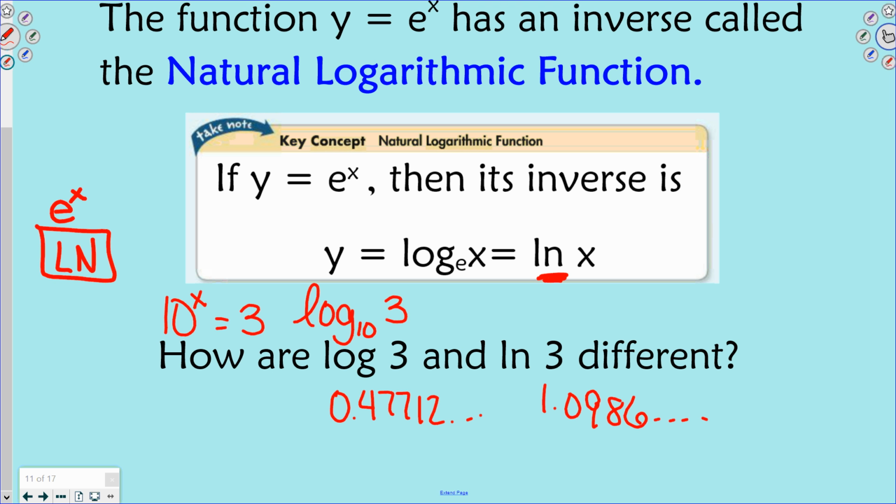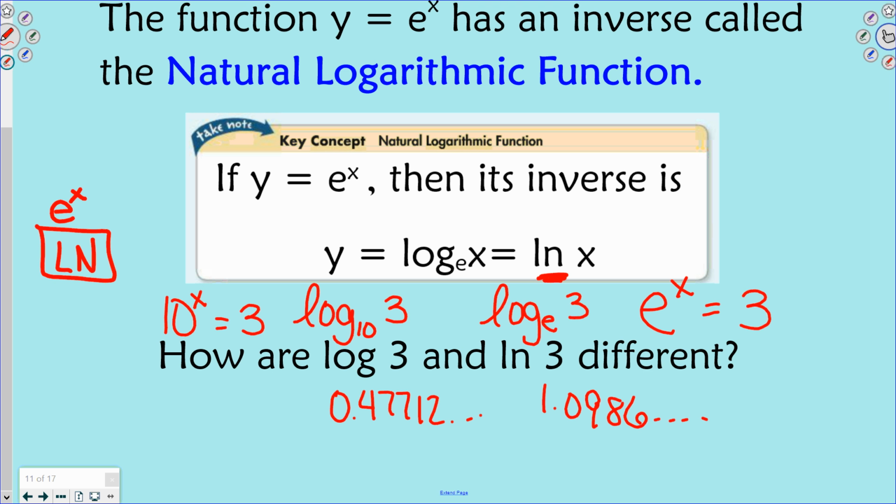Hold that thought. By the end of today, your calculator can do it for you, and I will teach you how. Okay. Natural log of 3. Natural log is log base e of 3. So in this case, when you're typing that in, your calculator is going e to what power equals 3.